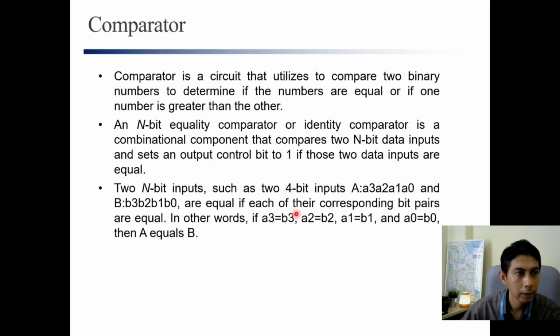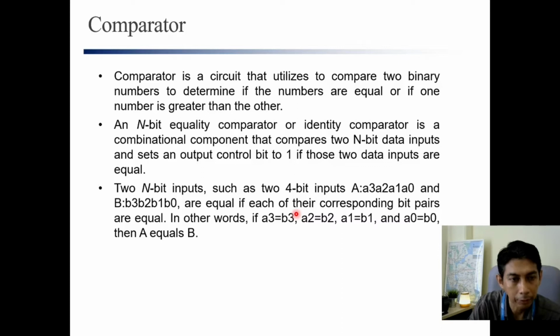Now we go to the next one, which is the comparator. A comparator is used to compare numbers, and this one is called a magnitude comparator. There are 2 types of comparator that we will learn in this course.